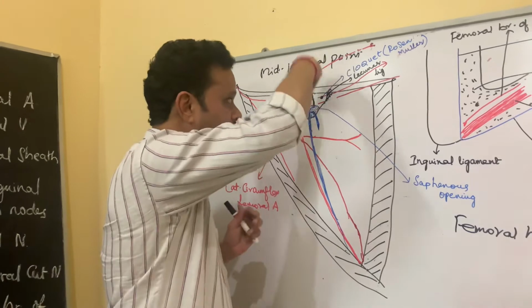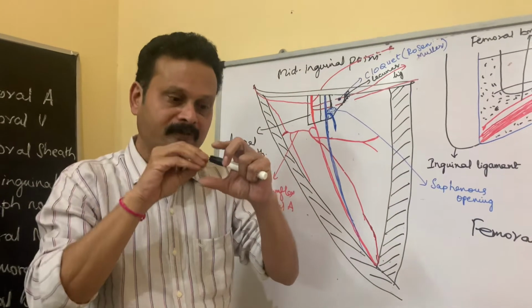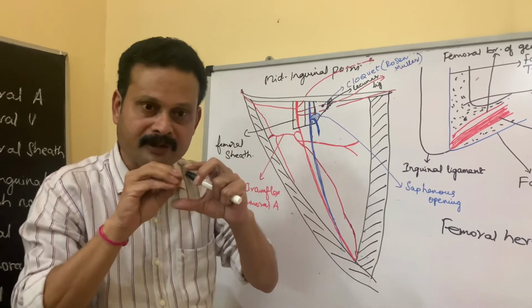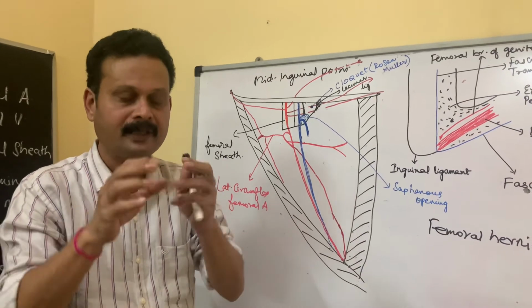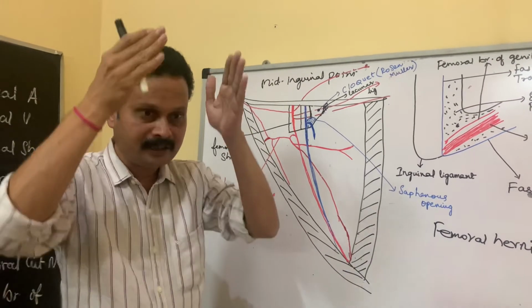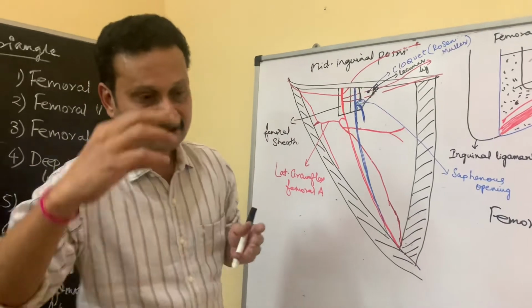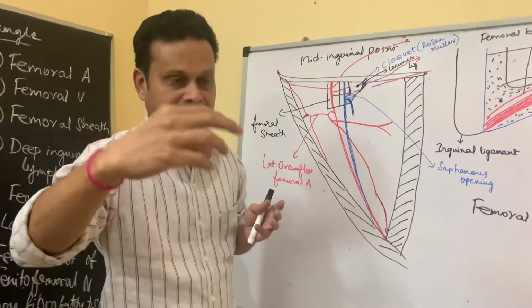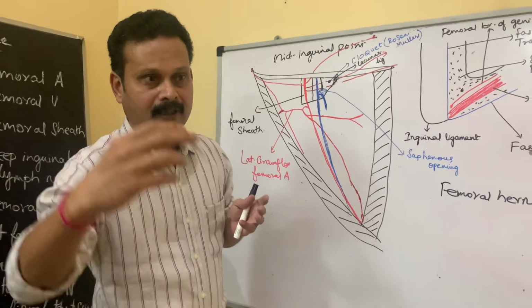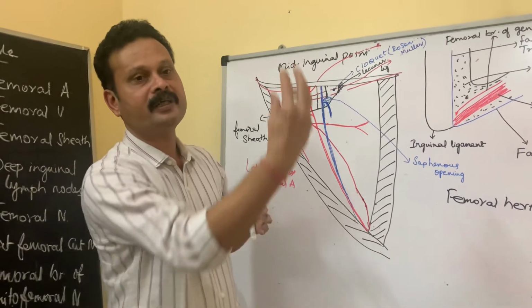So this herniated sac will come and pierce the cribriform fascia also, and the descended herniated sac lies here. The treatment is the reduction of the herniated sac in the reverse direction from where it is coming.